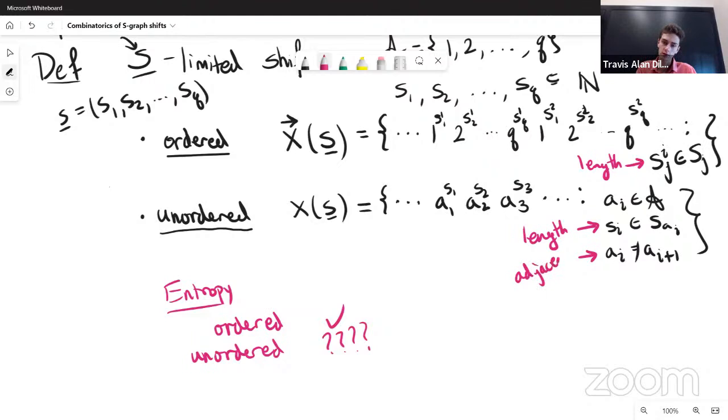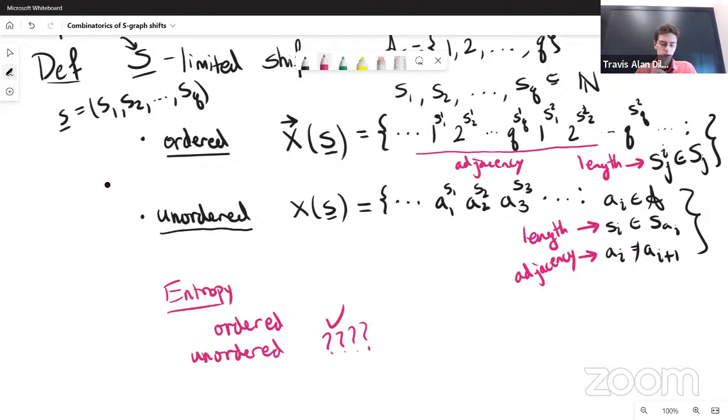What blocks can follow other blocks? And it looks like there maybe is not that condition here, but that's because I just wrote it here, right? So the adjacency condition is that ones have to precede twos, twos have to precede threes, and so on. So the adjacency condition is also here. It's just so strict that I can write it on the left-hand side of the set definition instead of the right-hand side.